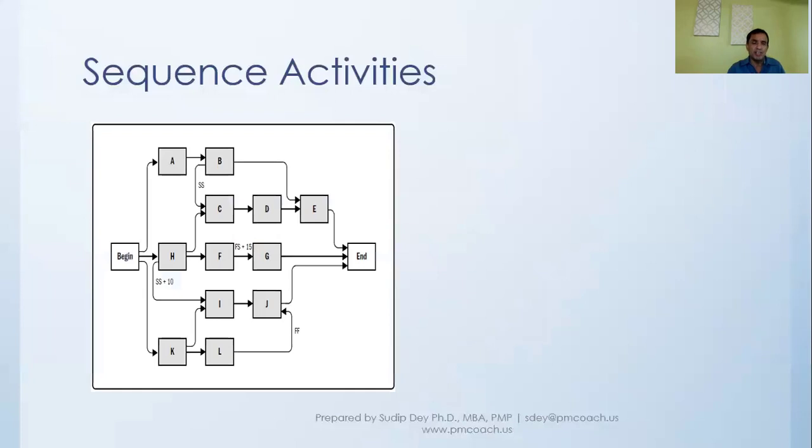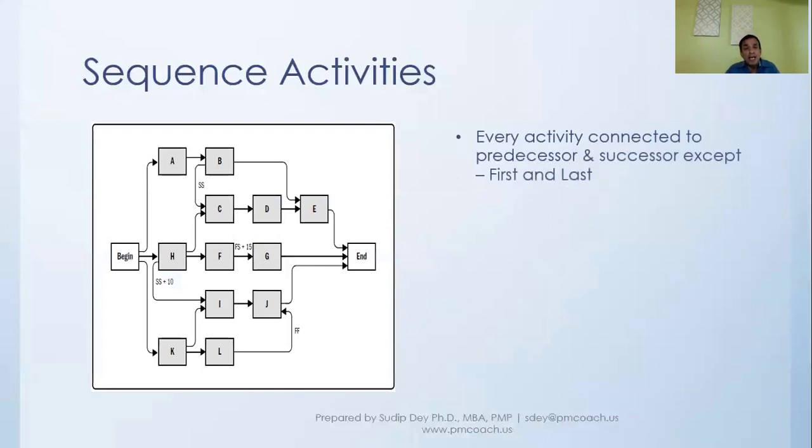Now, when we have done the sequence activities, it will be something like this. Basically, we draw a map, a network of what happens first and what happens afterwards. When we do that, every activity that we have identified should be connected to a predecessor or successor, except of course the first and the last.